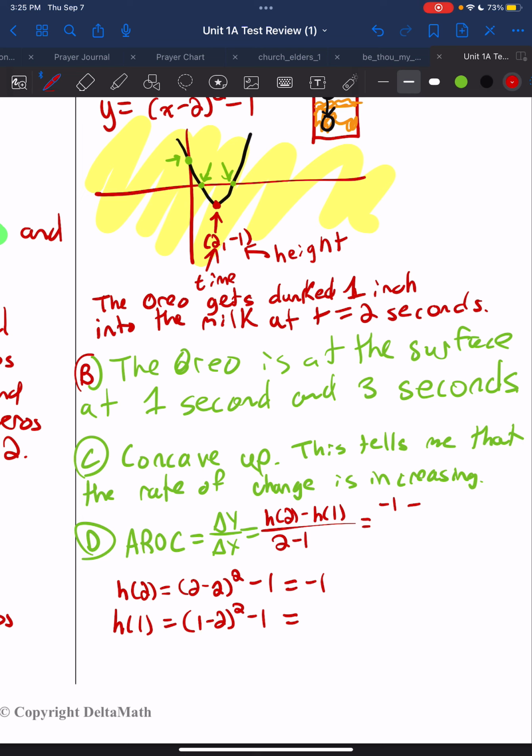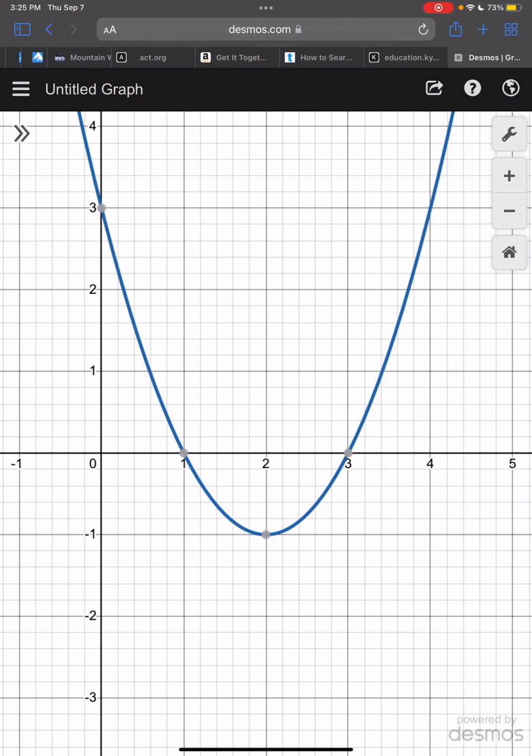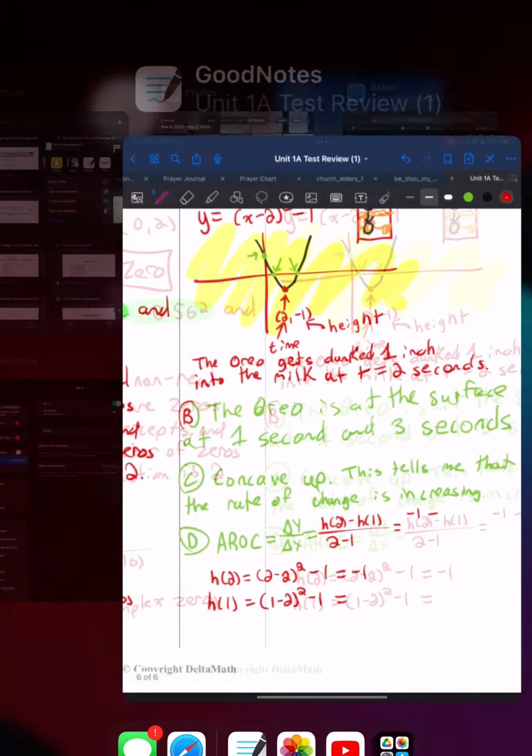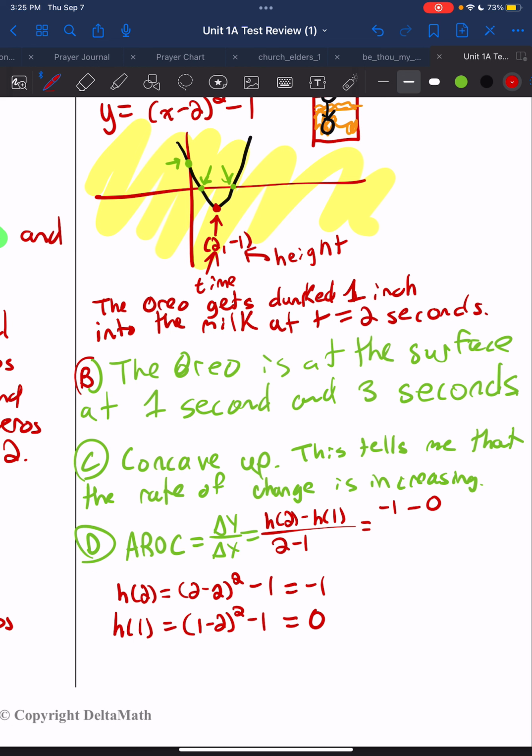I'm tired at the end of the day here. Let's check my math here. So h of 1 should be 0. Yep, (1, 0). Perfect. So h of 1 is 0. So plug that in. Negative 1 minus 0 over 2 minus 1 is 1. That gives me negative 1 over 1, or negative 1.